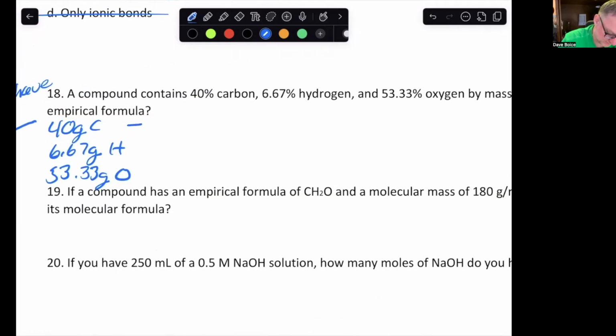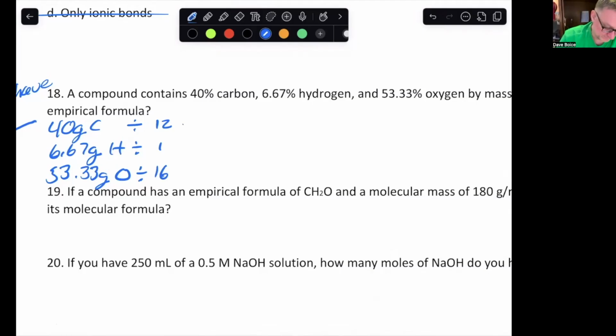Okay, and so we're going to divide these by their molar masses one at a time. Divided by 12, divided by 1, divided by 16.